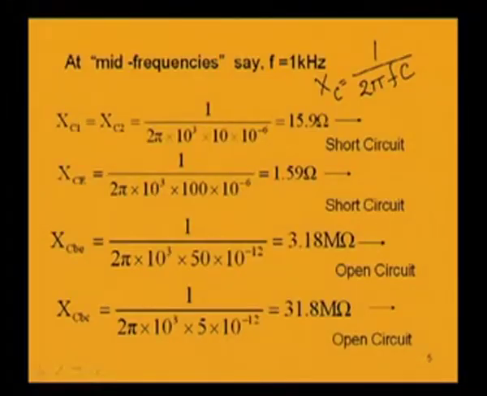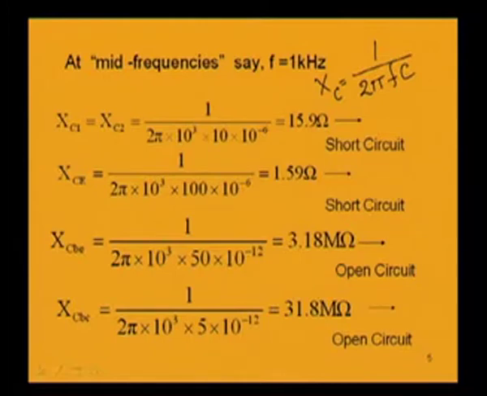So at the frequency at which we are considering, we can very conveniently assume them to short circuit the path, and that was what we were doing earlier. And now we are clear that our assumption was not wrong because these values are quite small. We can very conveniently assume them to be short circuiting.